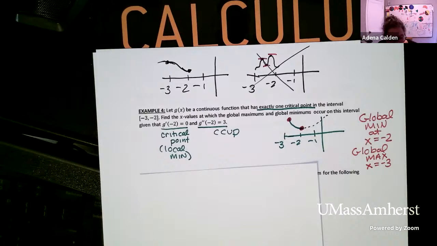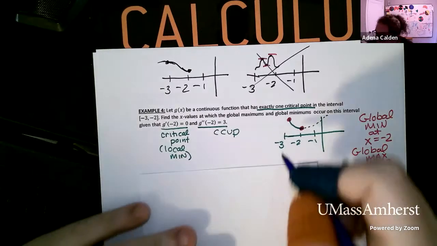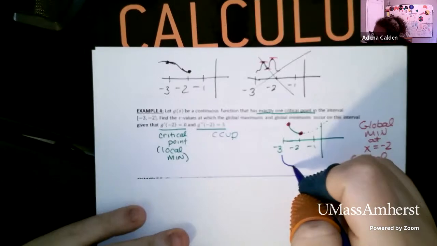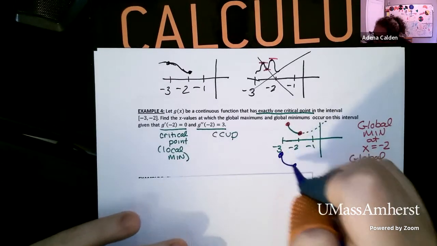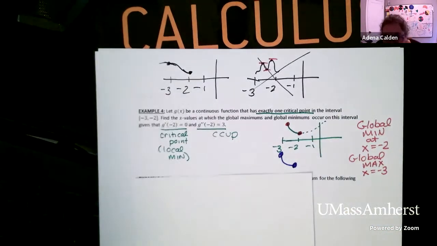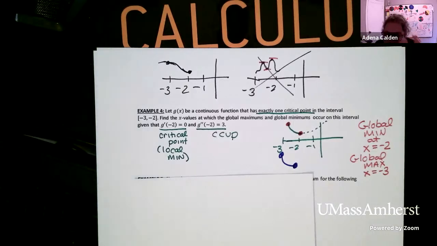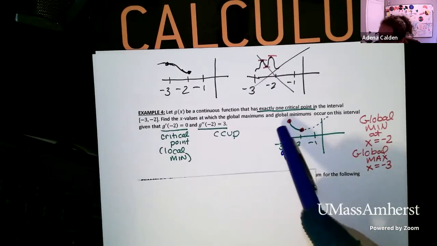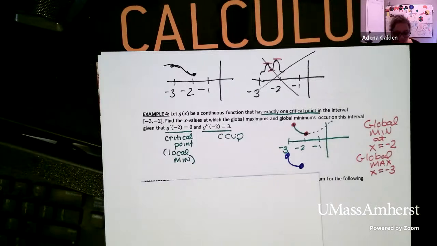Additionally, we don't know where this lives in space. So this could be like down here, right? That's fine, but it still doesn't change the outcome that the global minimum's at -2 and that the global maximum's at -3.